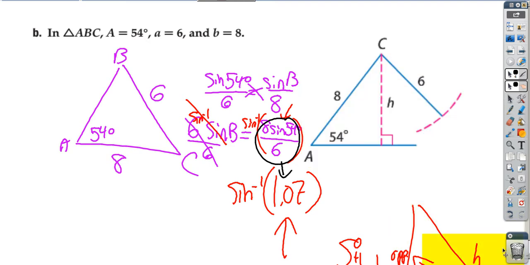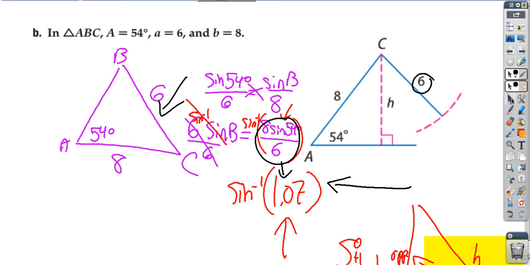And you can see that's what the picture looks like. If you actually try to draw that triangle, we drew it a little bit differently, but this picture doesn't work. There's no way that you can close this triangle. This side of 6 is kind of missing a part out there. You can't close it. The reason that happened is because we're trying to find an angle that has an opposite which is 1.07 times as big as the hypotenuse, and that's impossible.